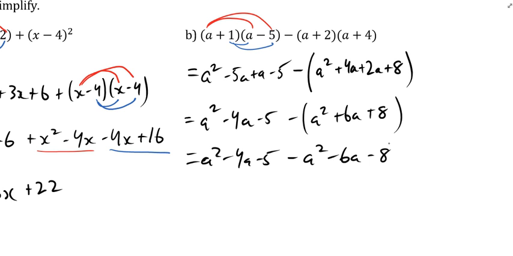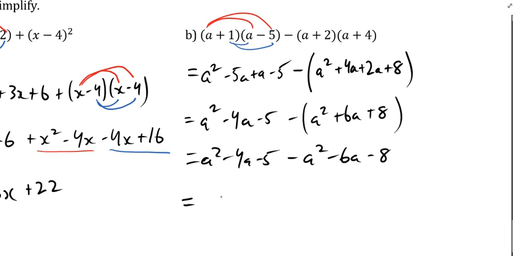So if you forget these brackets up here while you're expanding that one, then you're going to end up with the wrong stuff down here that you're subtracting. But if you think about subtracting that whole thing, that might help you remember what to do. So now I look for like terms.